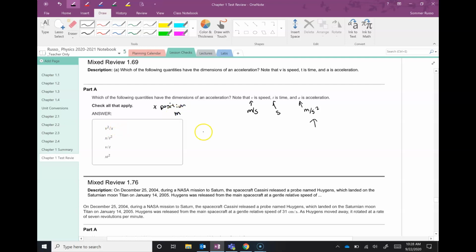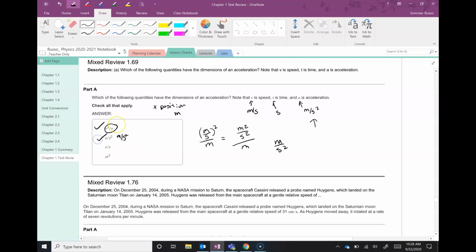So if we take meters per second, square that term, and divide it by meters, we get meters squared over seconds squared divided by meters, which is meters per second squared. Well, that was easy. This one has units of acceleration. Let's make sure that the other ones do too. I have meters over seconds, and that term is squared.